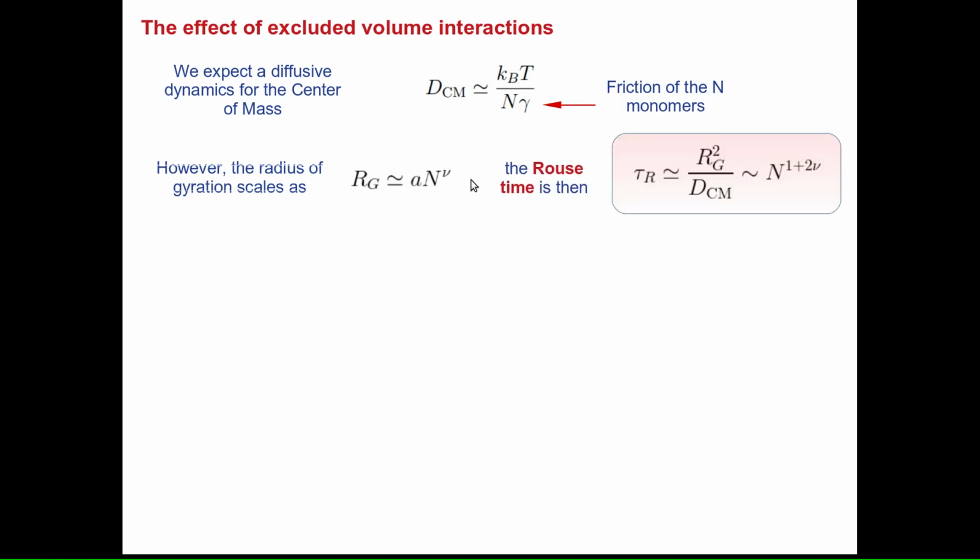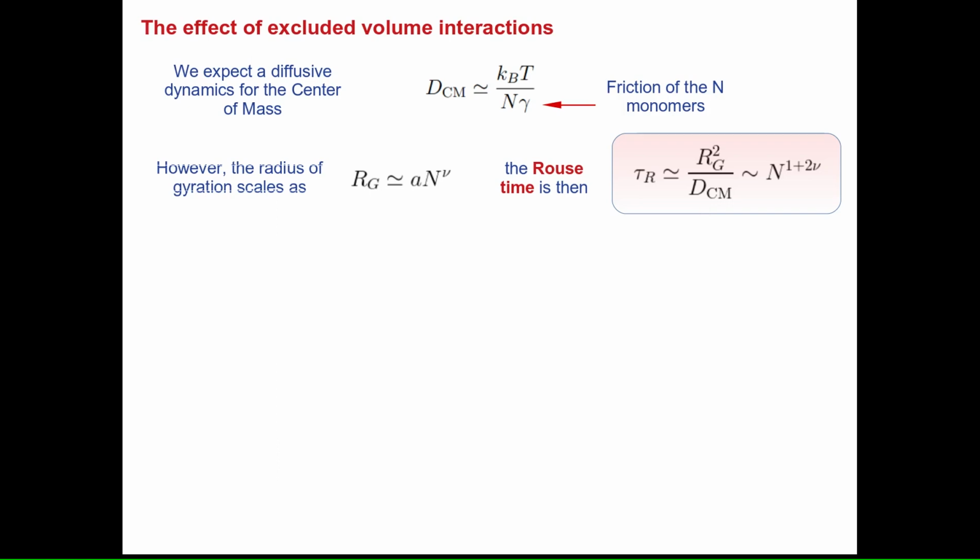Therefore, we can combine these two pieces of information to calculate again the Rouse time using the same type of reasoning as before. The Rouse time is the characteristic time at which the polymer moves to a distance of the order of the radius of gyration.